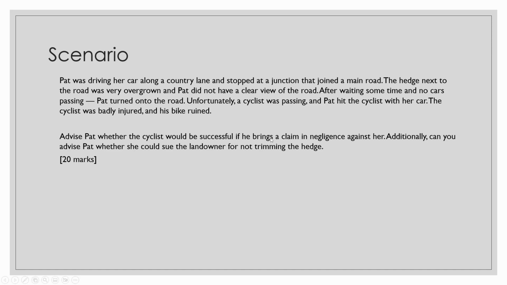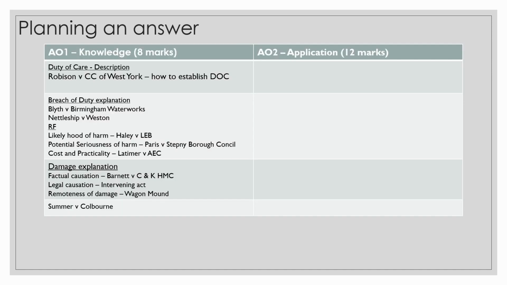Would the cyclist be successful if he brings the negligence claim? Yes, he would be. And could she sue the landowner for not trimming the hedges? No, she wouldn't. Some people might get the first part right, but would probably get the second part wrong, and they'd say that she could sue the landowner, but the landowner doesn't have a duty of care, which we'll see in the answer.